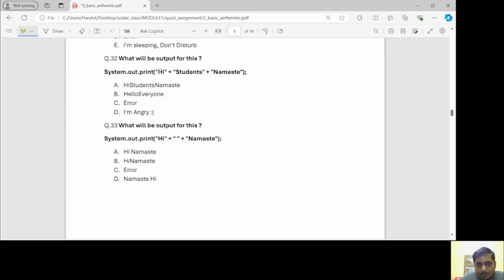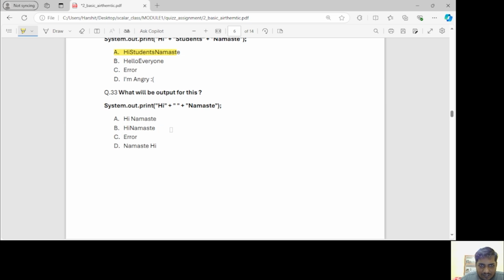Here System.out.print is given "hi" in double quotes because it is not a character, it is a string. "Hi" plus "student" plus "namaste". So here "hi student namaste" will be the answer. Now similarly System.out.print "hi", okay, one space is given before namaste here. So here "hi namaste" will be printed.